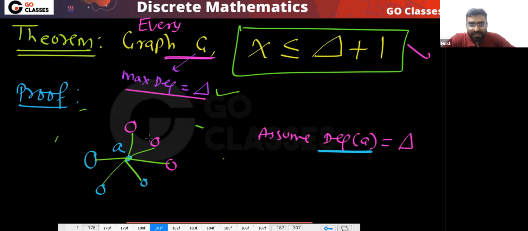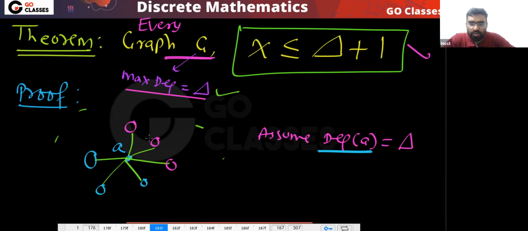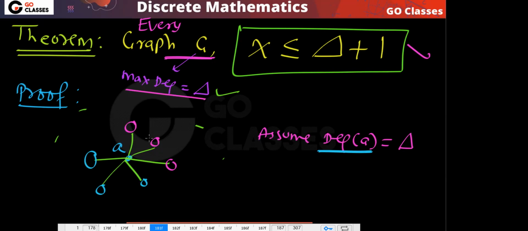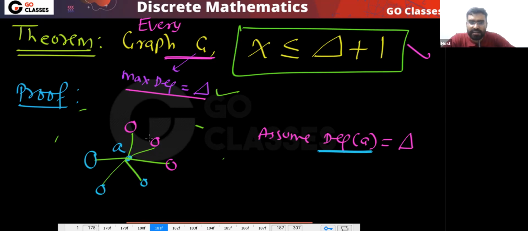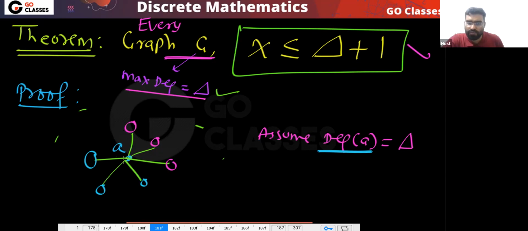The degree of a vertex is the number of edges incident to that vertex. So if a degree is 2, then 2 vertices are adjacent to you. So if the degree of A is delta, then delta vertices are neighbors of A.